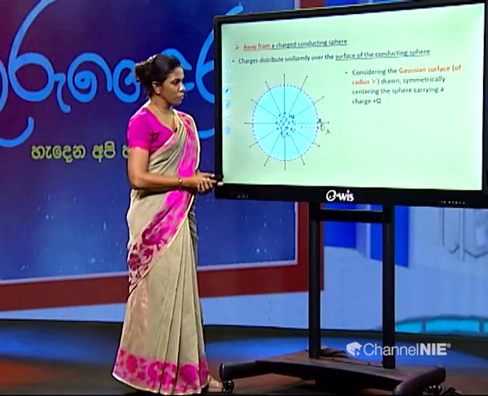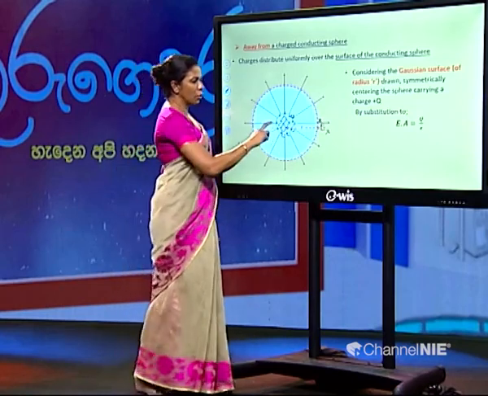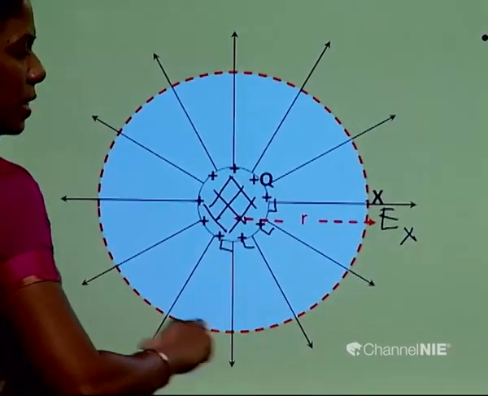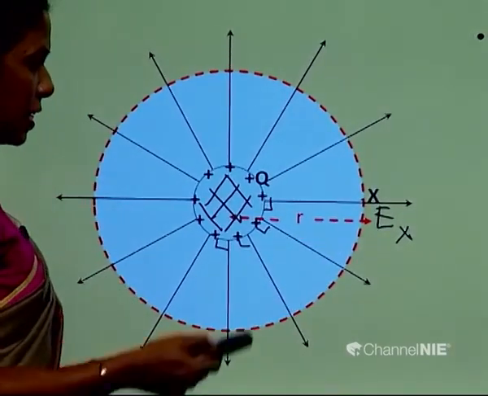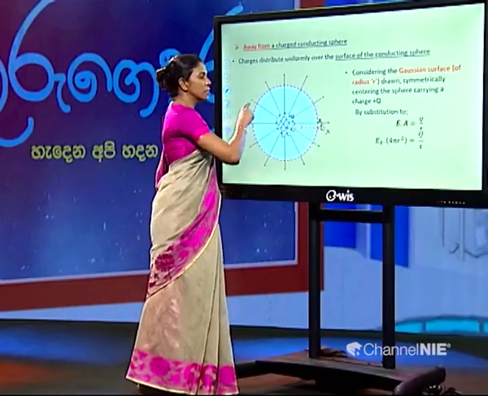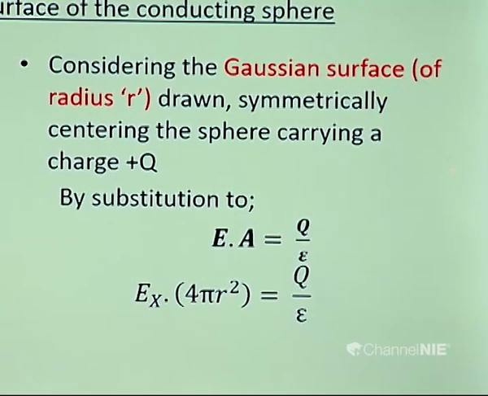Now, if I substitute into the equation EA = q over epsilon, I want to find the field intensity at any of those points. The field intensity at point x would be Ex, and the total surface area that encloses the charge, once again a sphere, is 4 pi r squared, and inside the Gaussian surface the net charge resides, q would be the net charge, and the epsilon.